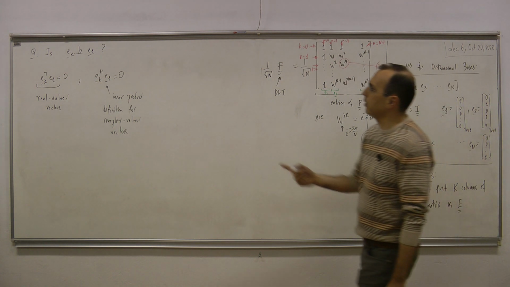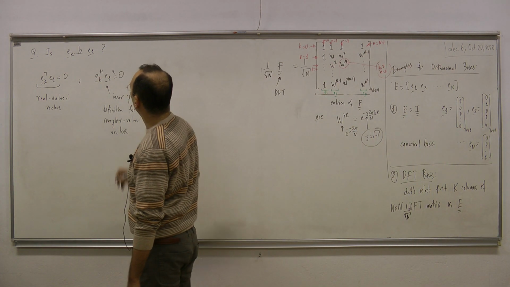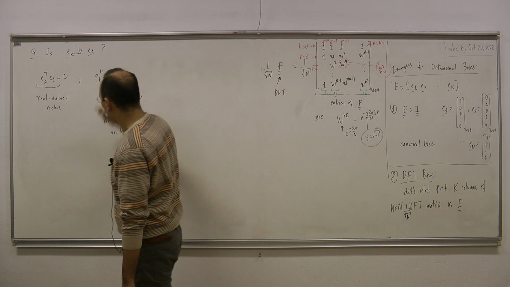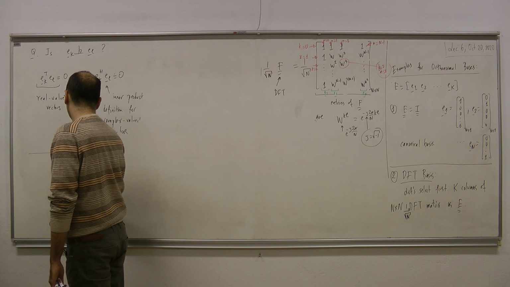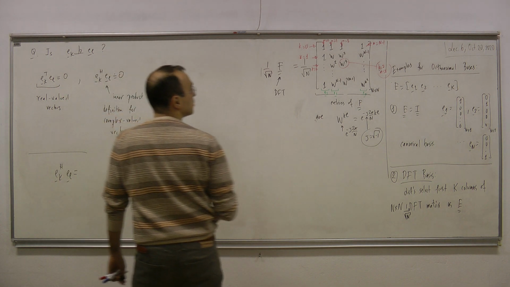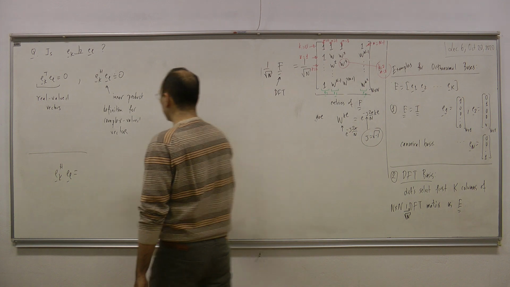Now, is it equal to 0? That's my question, so let me try to calculate this. So Ek Hermitian El, so the kth column of this.